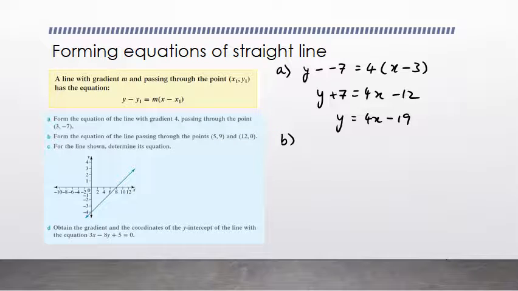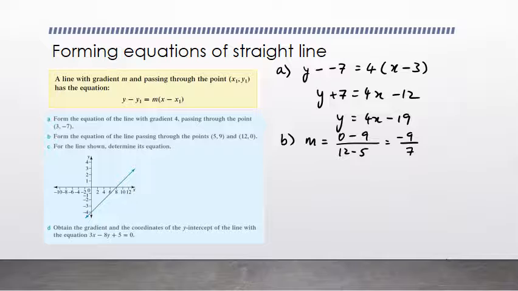Okay, part B. Form the equation of a line passing through the points 5, 9, and 12, 0. So to do that, find our gradient first. So y2 minus y1 over x2 minus x1. So we have negative 9 over 7. Then substitute all of this into the formula.